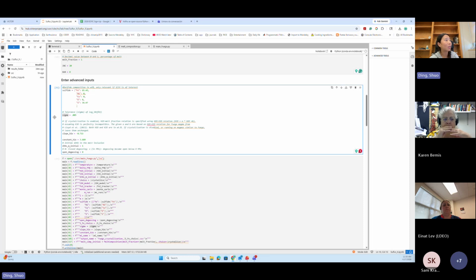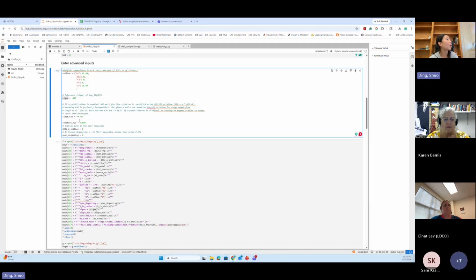But this is a very important parameter you can play with when we calculate fO2 change. And these two are really relevant if we want to look for crystallization, since we are unable to do that right now, so we could come back to this too.